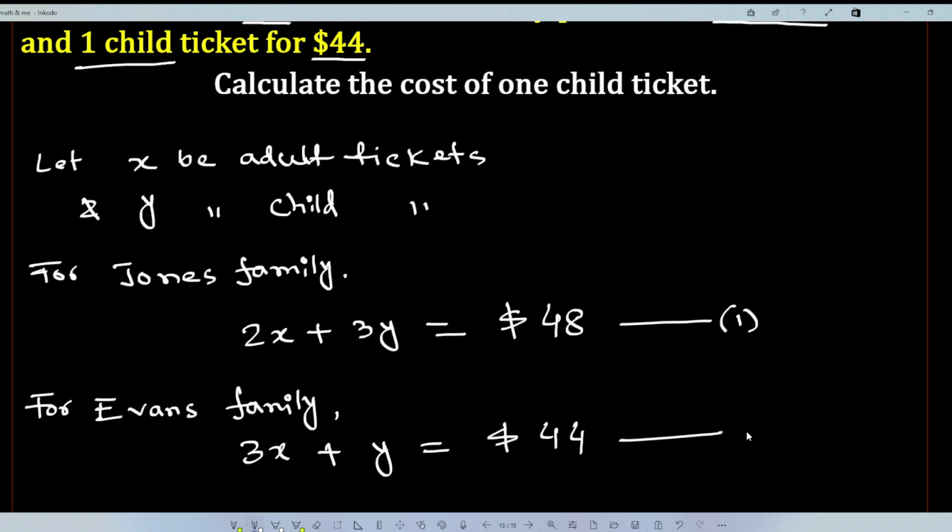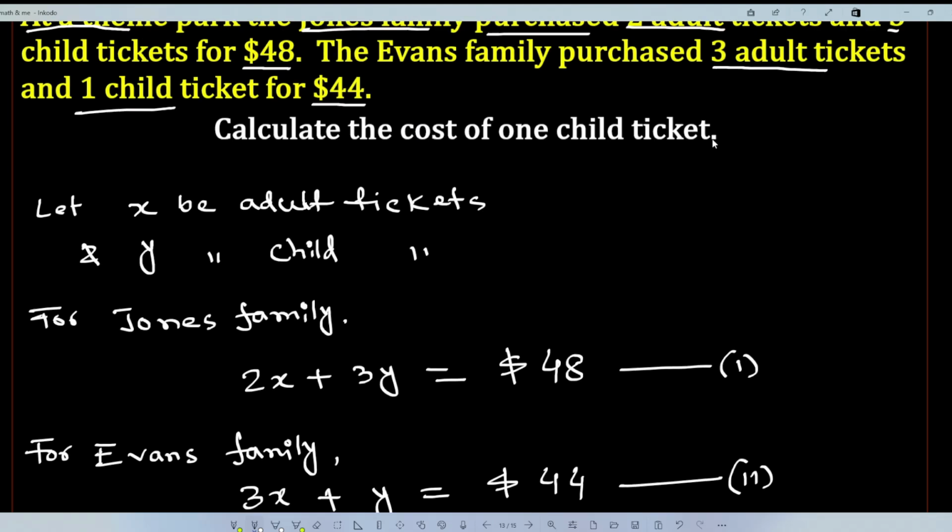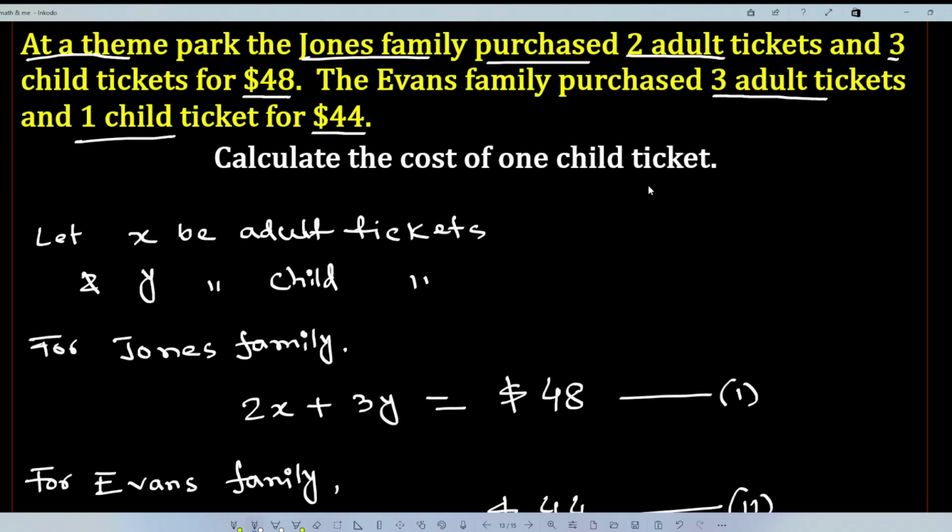We can write this as equation 2. So our target is to calculate the cost of one child ticket. So we have to find out the ticket price of one child ticket.